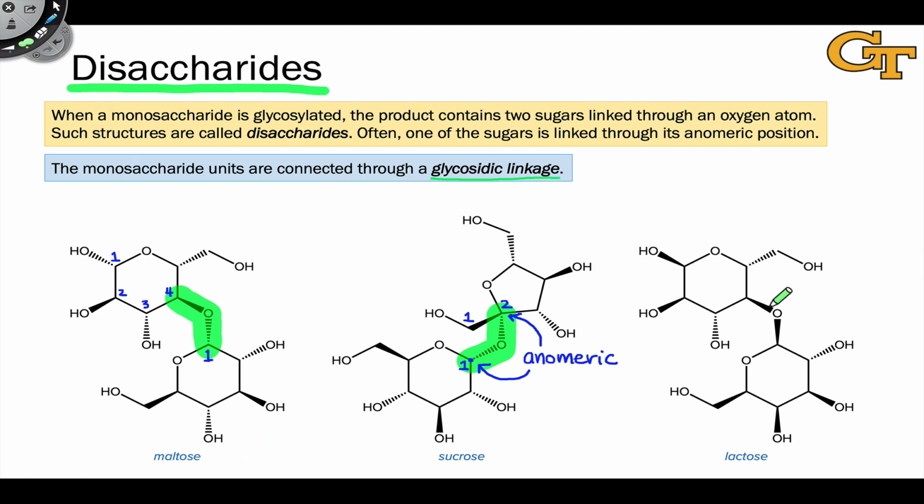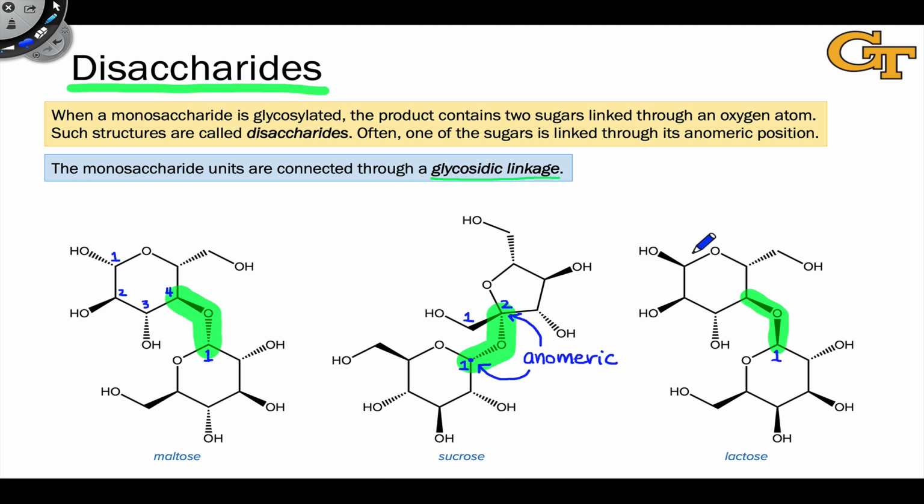Lactose is a disaccharide consisting of glucose and galactose units, and its glycosidic linkage is right here. In one monosaccharide unit, in the galactose unit, in fact, we find that the anomeric carbon is involved. Notice again, it's part of an acetal connected to 2 oxygens, and therefore it's carbon 1, or the anomeric carbon.